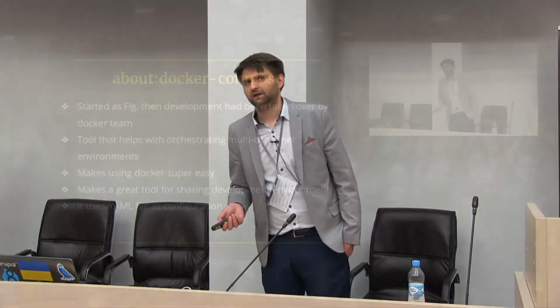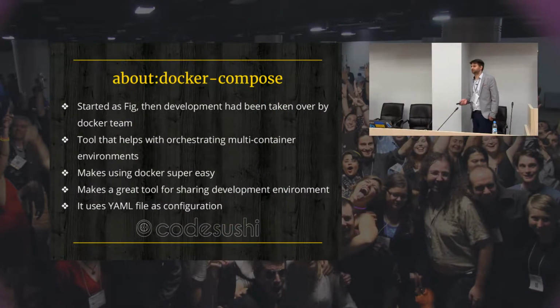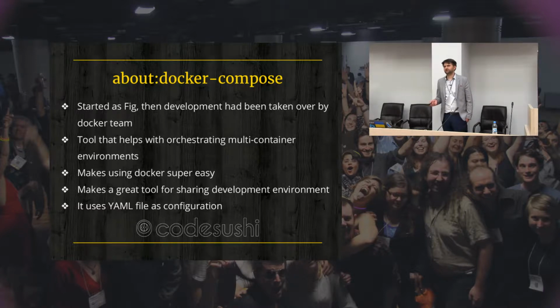And for example, DockerCompose uses YAML, which is super easy, of course, and is something that is clear, and you actually do not have to understand how YAML files work. You just see them and you just get it. They are super easy to learn. So this is about all the selling points about DockerCompose.